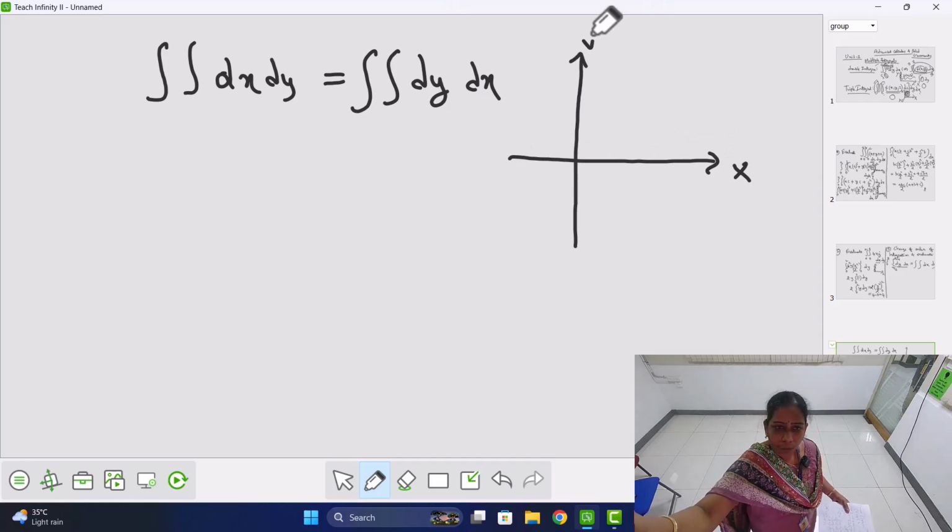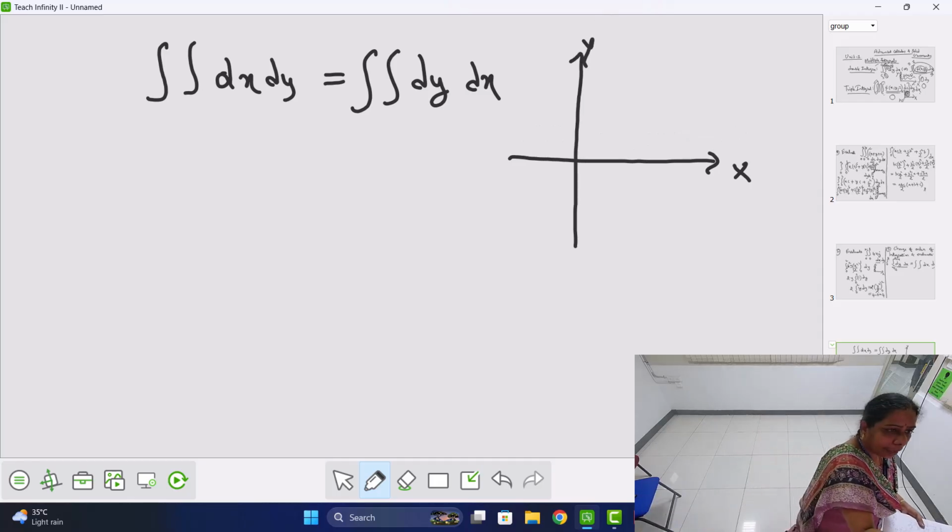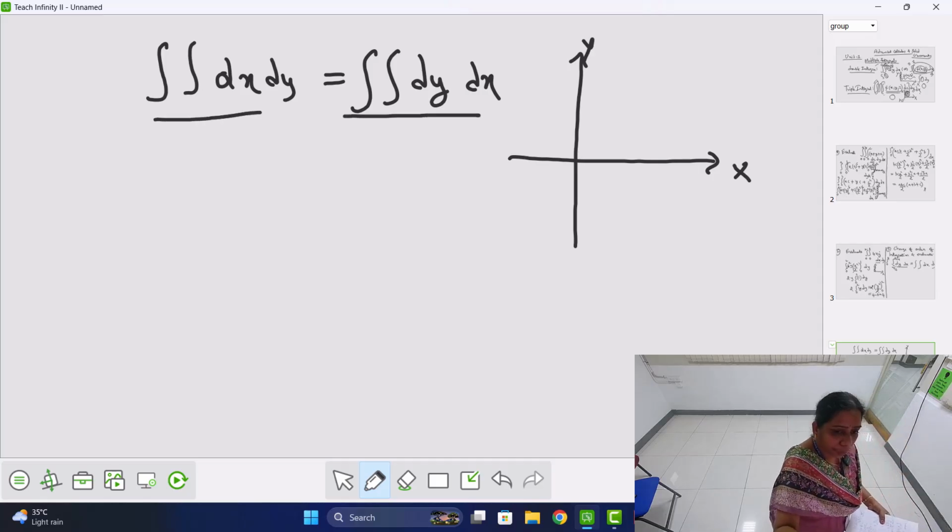X-axis, y-axis. What are all the points given in the given problem? dy dx is given. Okay, so this is given and we have to find this, right? What is the limit of y?